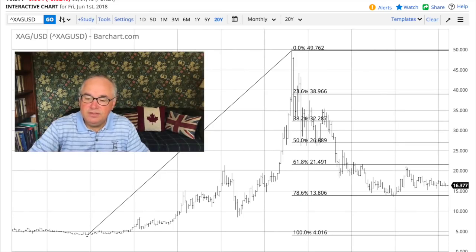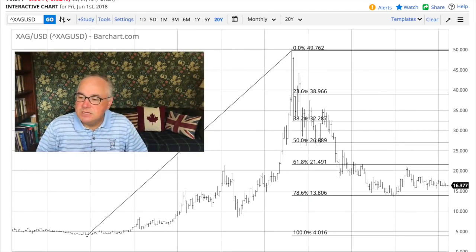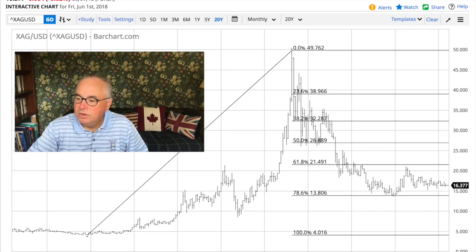Silver, I did the same kind of chart, and silver is directionless, I guess. The range has been really narrow since the beginning of last year. It's amazing that we've had such a narrow range for almost 18 months, basically between, let's say, 15.50 and 18 or 18.50.